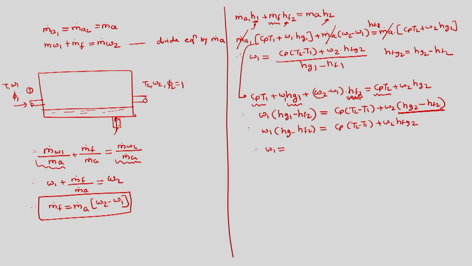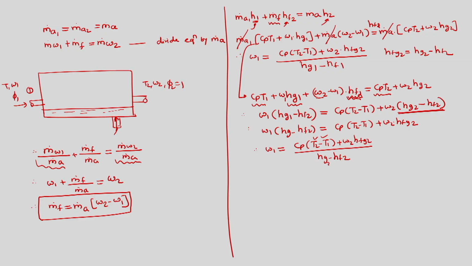So, we have omega 1 is equal to Cp into T2 minus T1 plus omega 2 Hfg2 divided by Hg1 minus Hf2. So, this is how we can estimate the omega 1, that is specific humidity at station 1, since we would have measured temperature T2 and T1, and then we would know the saturation enthalpy corresponding to T2 temperature.